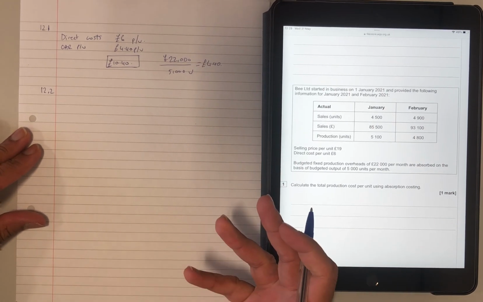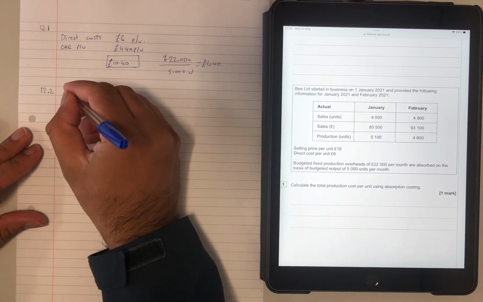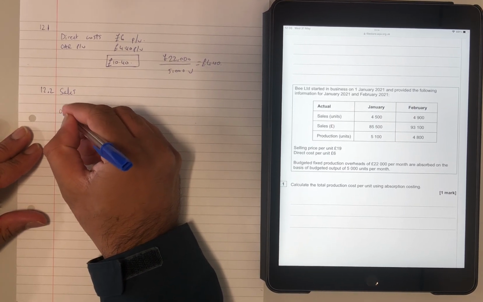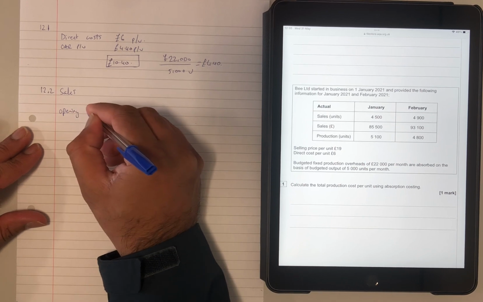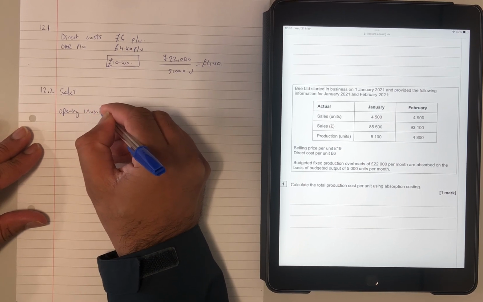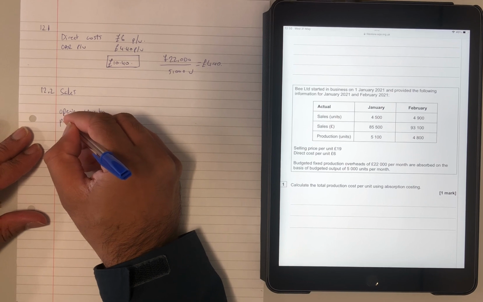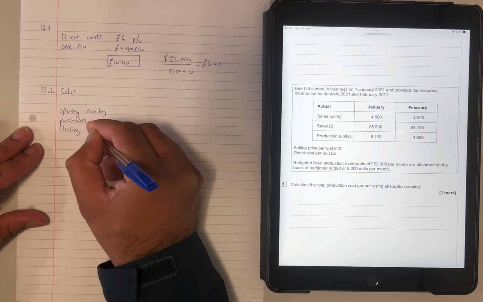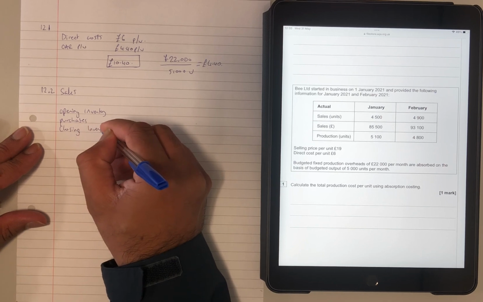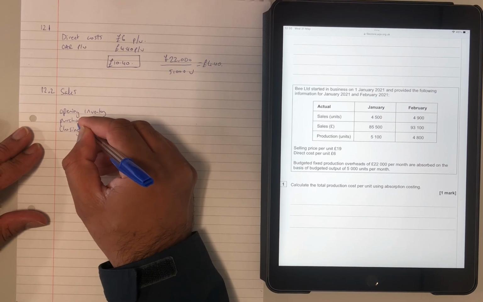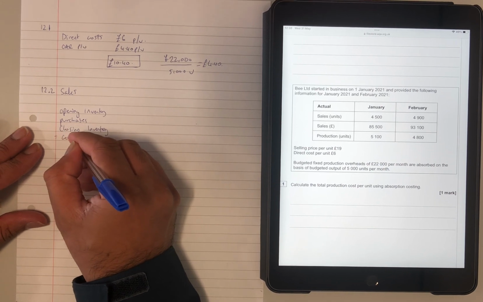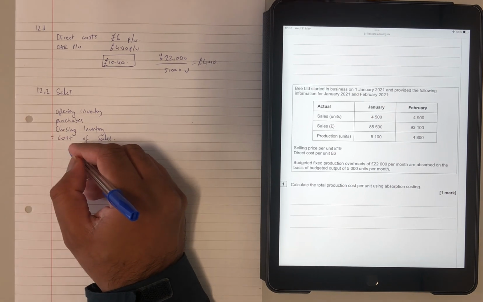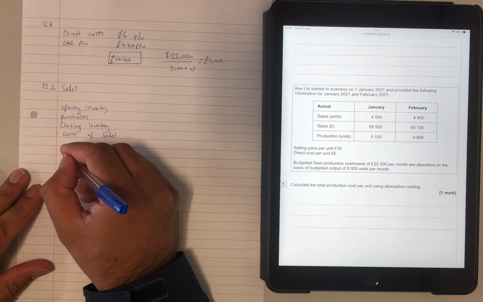Anyway, obviously income statement, you need to write down your format. So we're going to have sales, we're going to have cost of sales, so opening inventory, purchases, closing inventory, opening stock, purchases, closing stock, and that would give you cost of sales, and then you have gross profit.